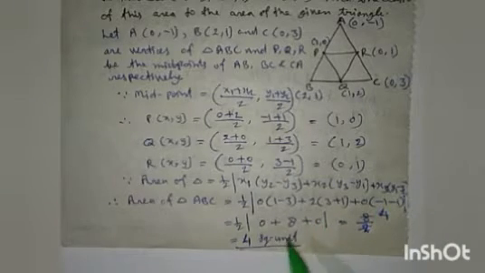So here it is equal to half modulus of 0 into something is 0, plus here 3 plus 1, 4 into 2, 8, plus here 0 into 0. So here it is equal to 8 divided by 2, that is equal to 4 square units.